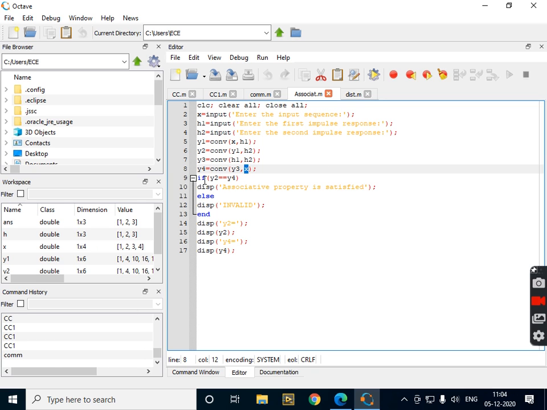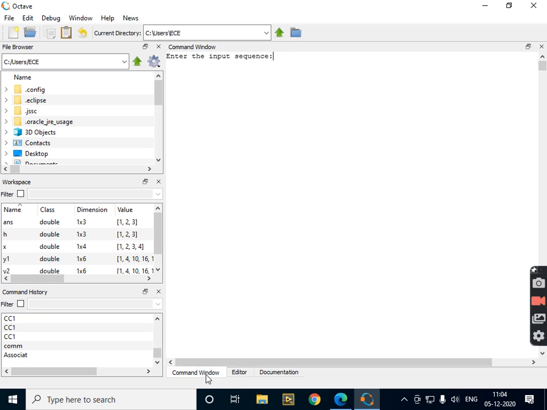Now we'll compare these two. If y2 is equal to y4, then the associative property is satisfied, else it is invalid, and then we'll display the result. So we'll have to enter 3 sequences: 1 2 3 4, next 1 2 3, and in the third sequence, let's take a 2 point length, 1 2.